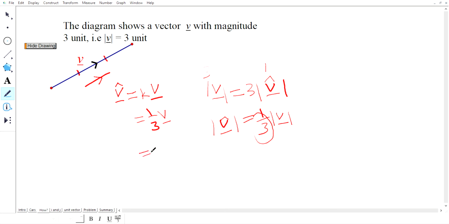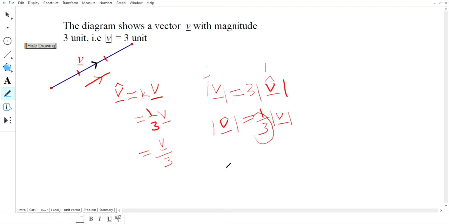Or I can write it as vector V divided by 3, where 3 is the magnitude of vector V. In conclusion, any unit vector in the direction of a vector can be found by dividing the vector by the magnitude of the vector.